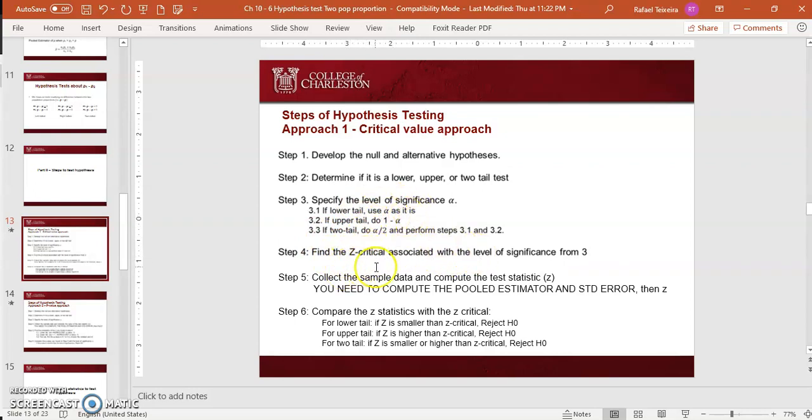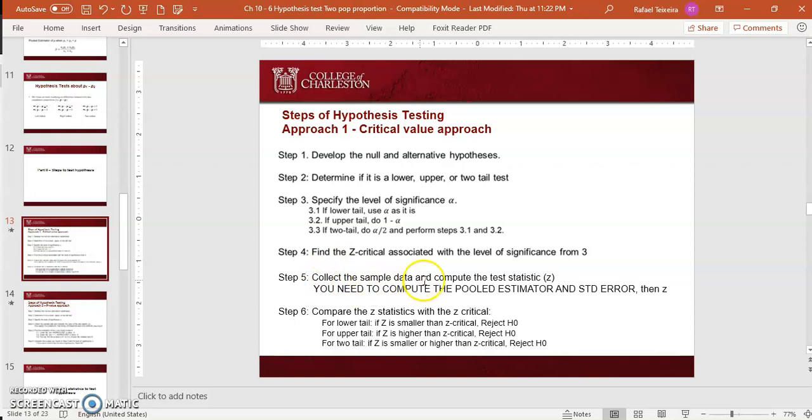Remember, it is z inverse and then the probability, as in the steps to hypothesis test for two population means. That's the same procedure up to this point. Okay, so this is the reason I don't have anything extra. You can go back and watch the video to see how you get the z critical, but that's the same case for the difference between two population means when you know the population standard deviation.